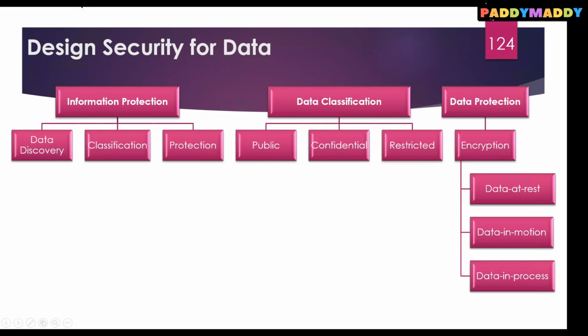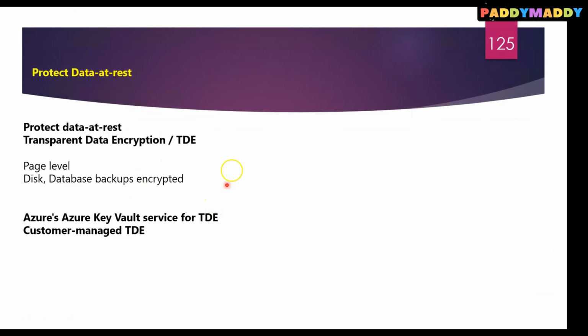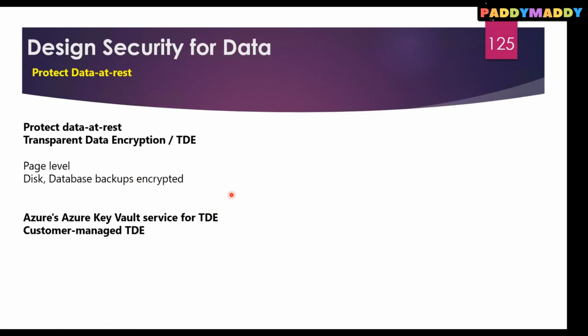Let's try to understand how to protect the data at rest. Protecting data at rest is a mandatory step towards data privacy, compliance and data sovereignty, and encryption definitely helps to mitigate the risk related to unauthorized data access.